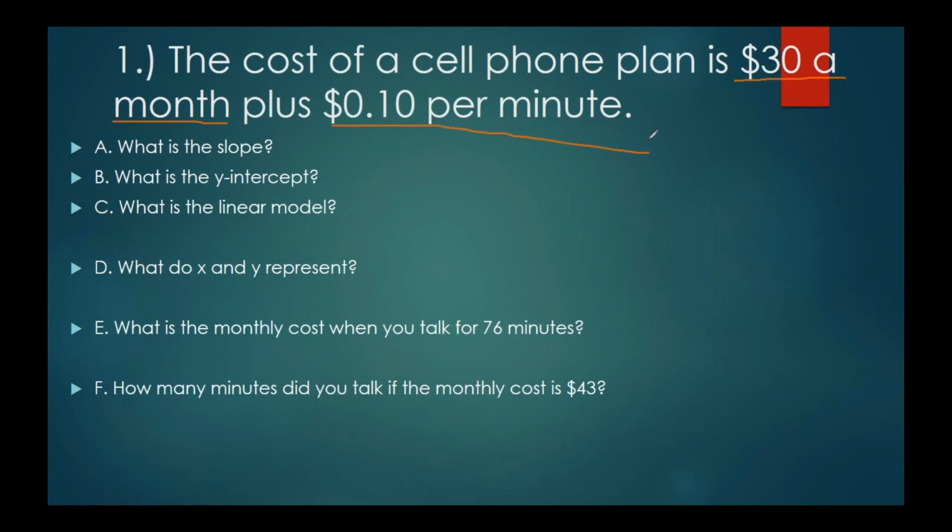if you think about our linear model, slope is a constant change. It happens over and over and over again. The y-intercept is a one-time fee or a one-time thing. So when you read this initial problem, do either of these numbers stand out as a one-time thing, or do either one of them stand out as a constant reoccurring piece?